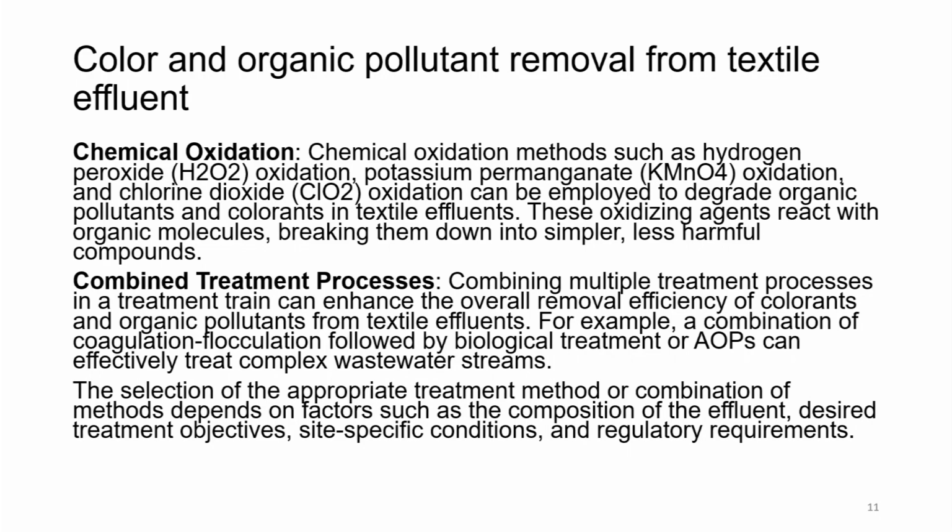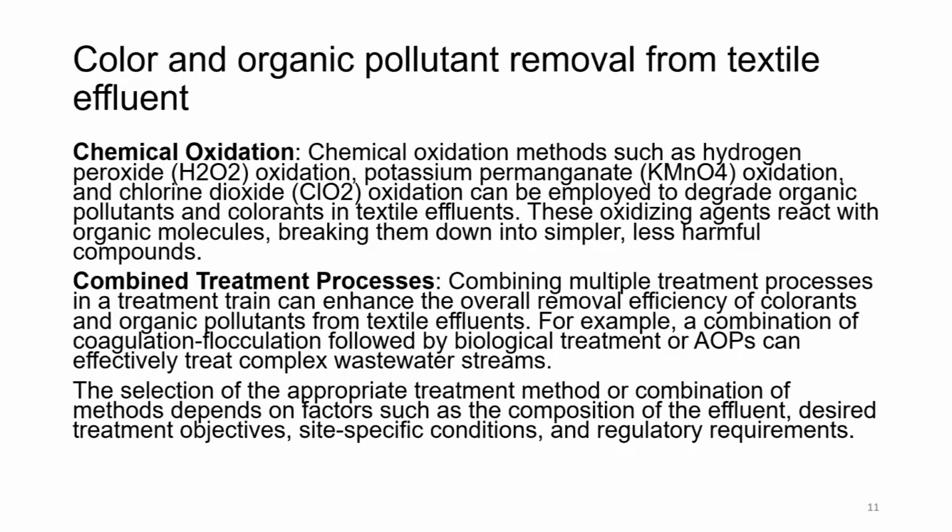Chemical oxidation. Chemical oxidation methods such as hydrogen peroxide oxidation, potassium permanganate KMnO4 oxidation and chlorine dioxide ClO2 oxidation can be employed to degrade organic pollutants and colorants in textile effluents.